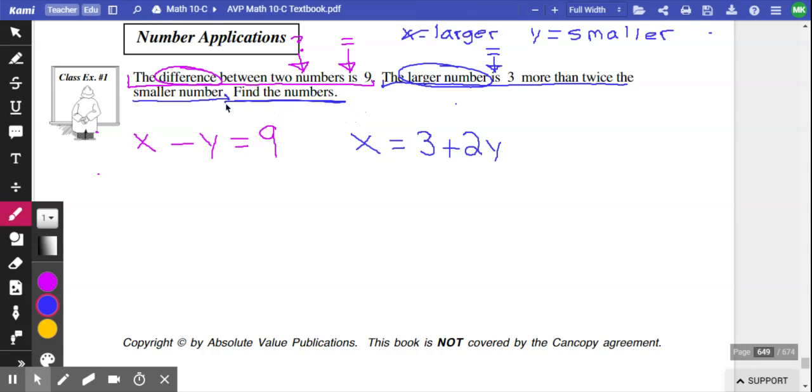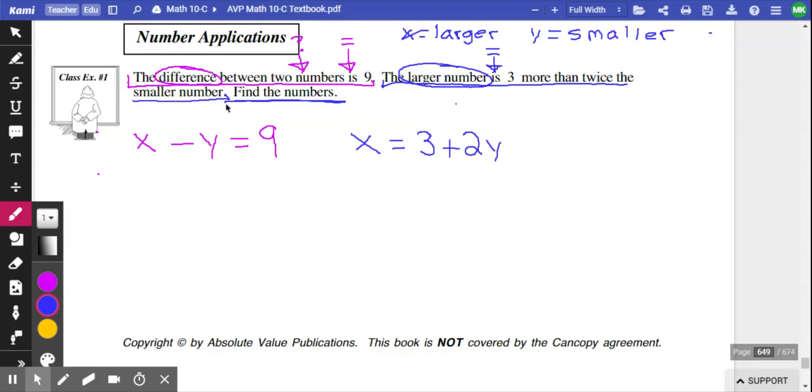Elimination is really good if the things follow the same pattern. This one goes x's, then y's, then equals a constant. This one goes a letter, so x's, equals a constant plus the y's. Not the same order. Substitution is really good if one of your equations has one of the letters all by itself.